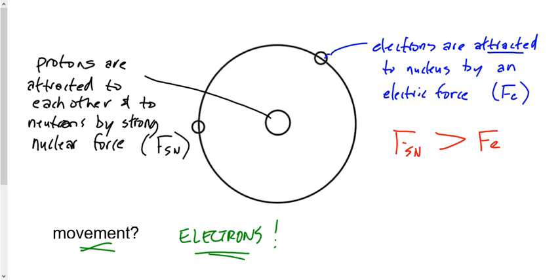The electrostatic force holds the electrons to the nucleus, but if something's going to take energy and break free because it's received some energy, it's probably going to be the electrons, because they are not as tightly bound to the nucleus as the protons are, since that electric force of attraction is weaker than the strong nuclear force. Now, we talk about electron movement. It's electrons that are going to move, not protons.